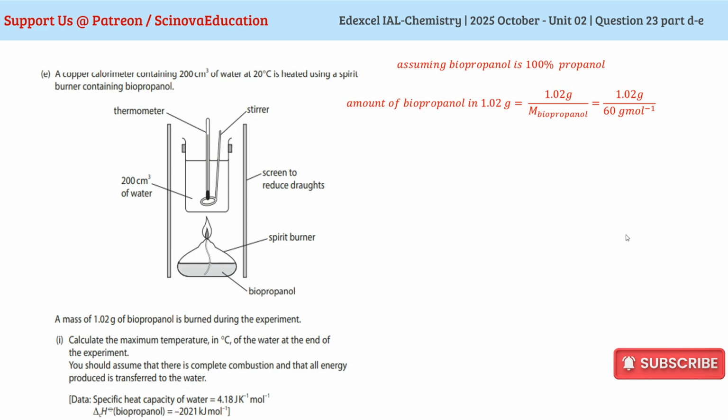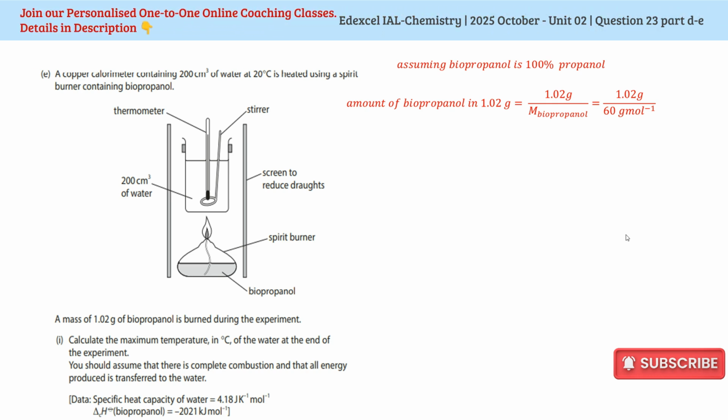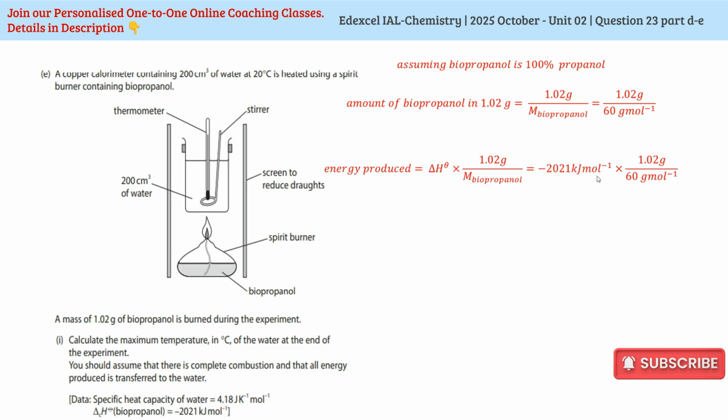So that value I'm getting as 60 grams per mole. I'm dividing the mass of biopropanol burnt, that is 1.02 grams, by 60 grams per mole to get the amount of biopropanol that is burnt, because I know the molar enthalpy of biopropanol. So I should know the amount of biopropanol actually burnt in this experiment.